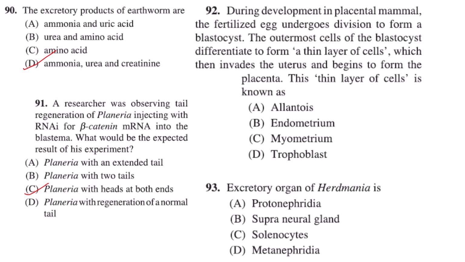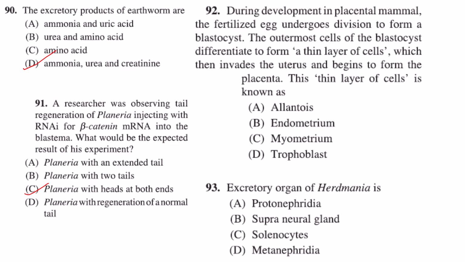So why is there not two tails, why is it head at both the ends? Because in planarians the WNT beta-catenin pathway is normally active at the posterior end, that is, it promotes tail formation. When beta-catenin is disrupted, the pathway becomes active at both the ends, leading to the formation of head at both the ends.